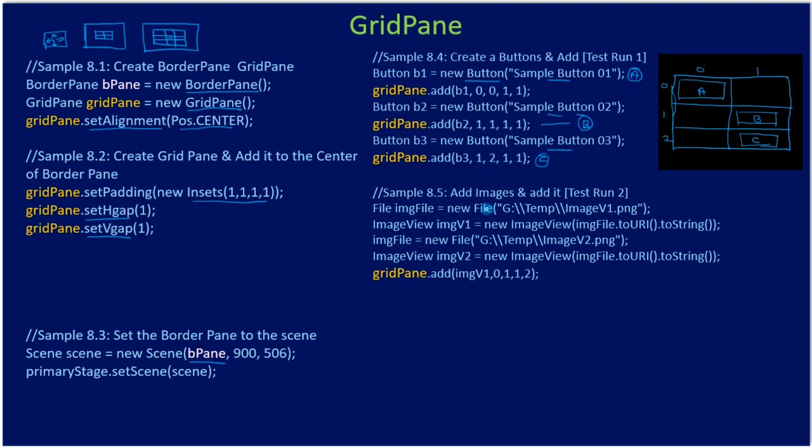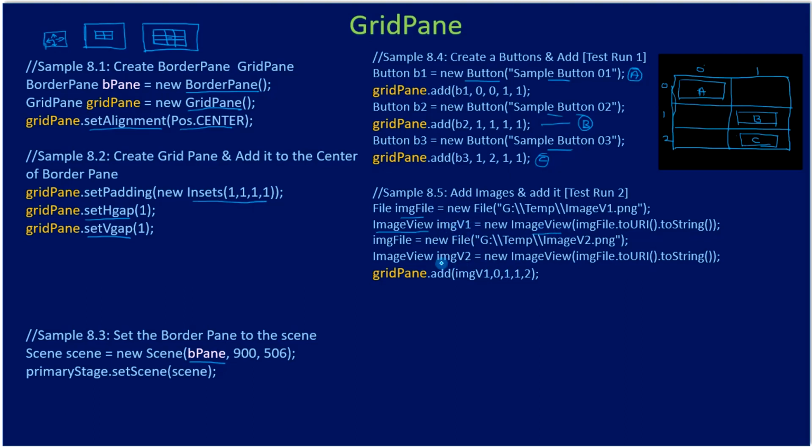Next, if you see, we create an image file and we create an image view. We already did this many times. Here we specify the location of the file, we create the file object, then we create the image view object and we store this as image view 1.